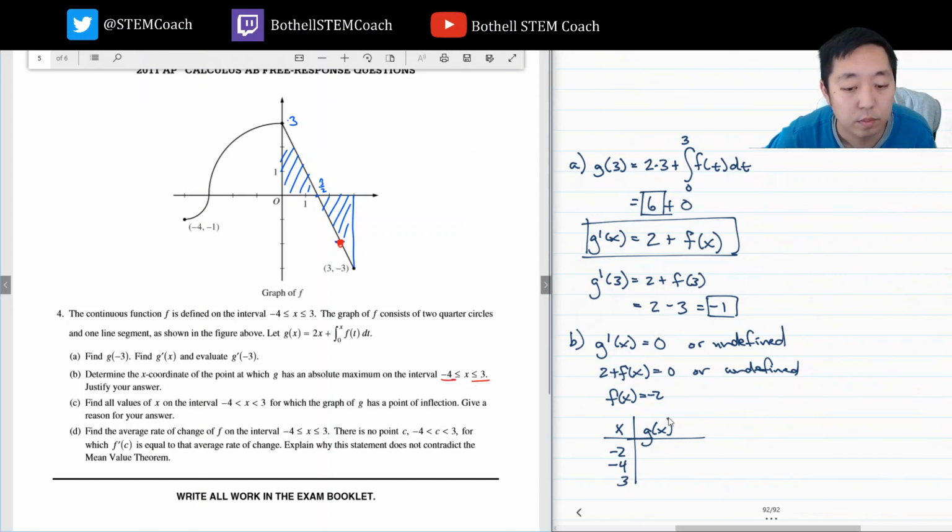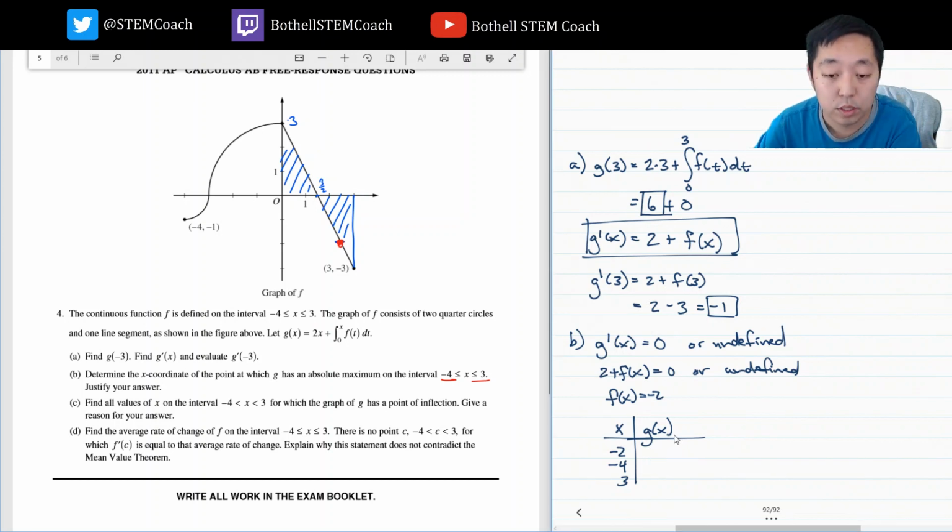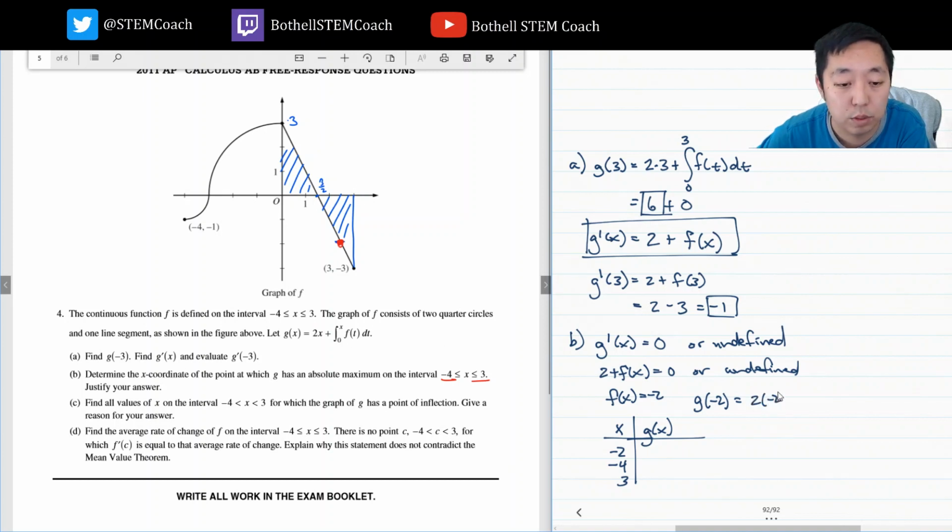Okay, so g of -2, let's compute. G of -2, what did we say? G of -2 is equal to 2 times -2 plus the integral from 0 to -2 of f of t dt.